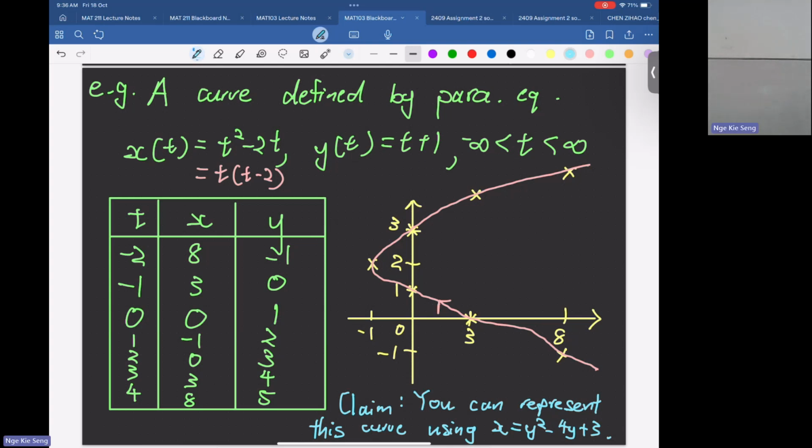Sorry? This is not a function? Right, I mean, with respect to y it is not a function, but it is a function with respect to, sorry, what am I saying? If you consider this as x in terms of y, it is a function. But if you see it as y in terms of x, it's not a function.